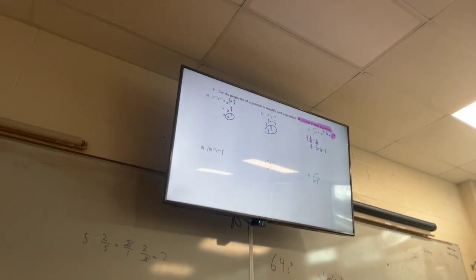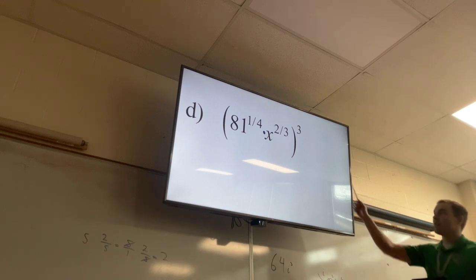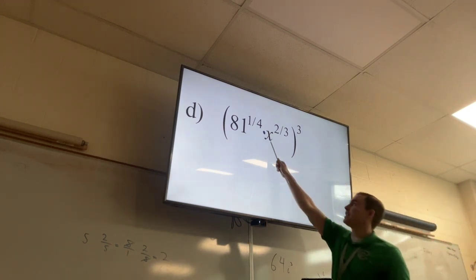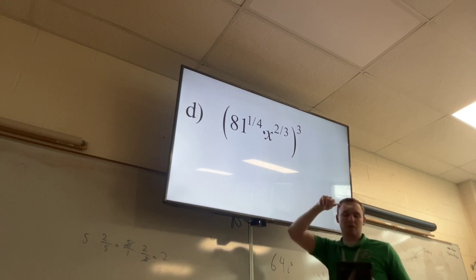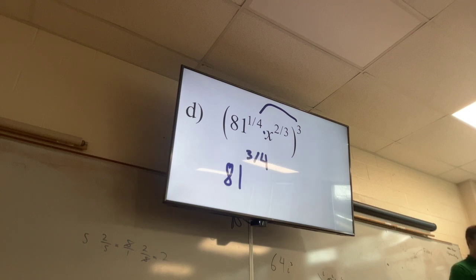Can I do D? There's a multiplication symbol, 81 to the 1/4, x to the 2/3, with an implicit times symbol. So what can I do with that 3? Distribute. What's 3 times 1/4? 81 to the 3/4. And what's 3 times 2/3?